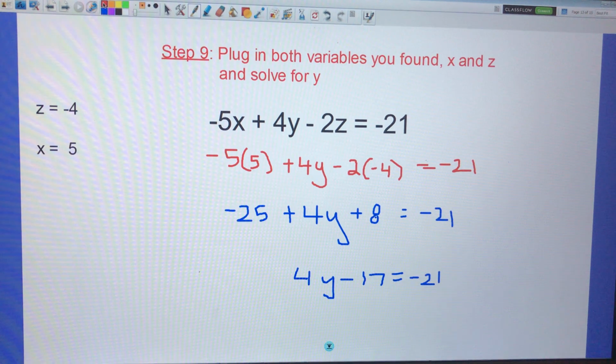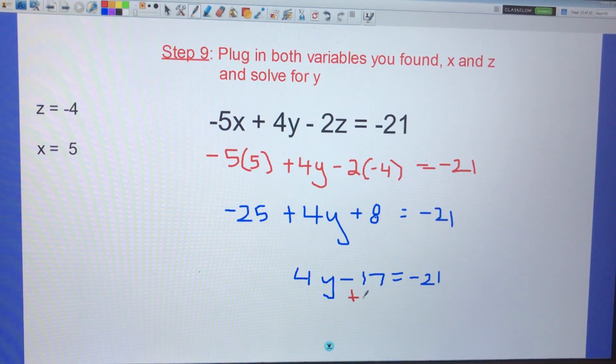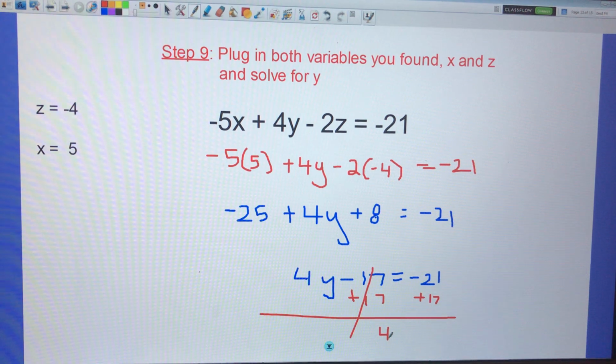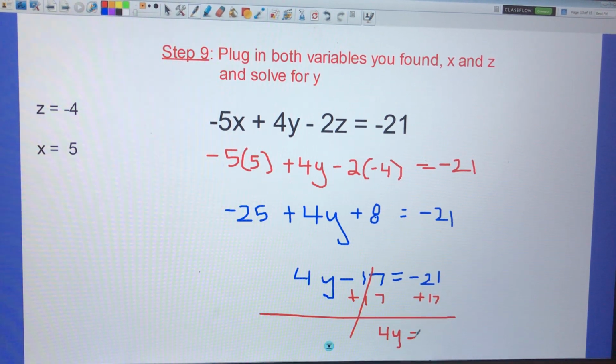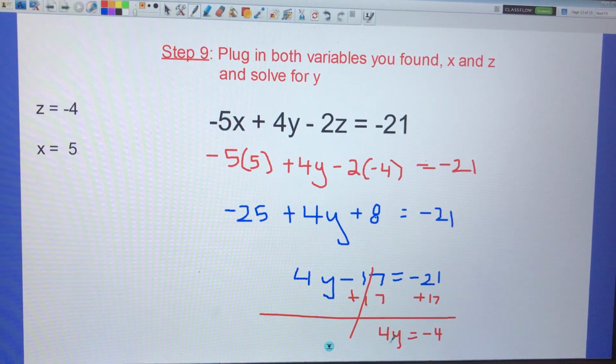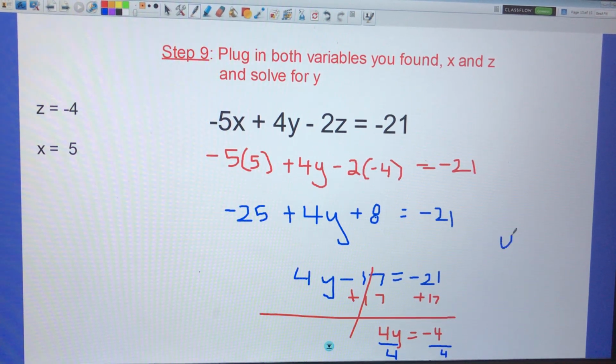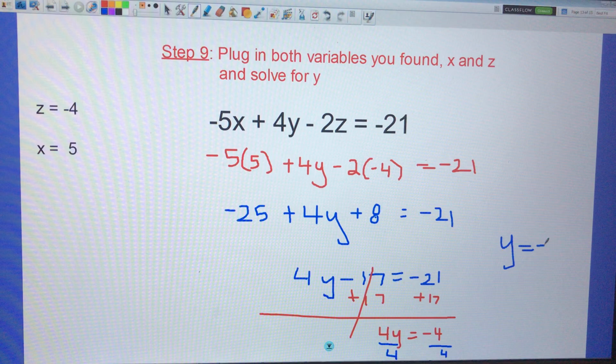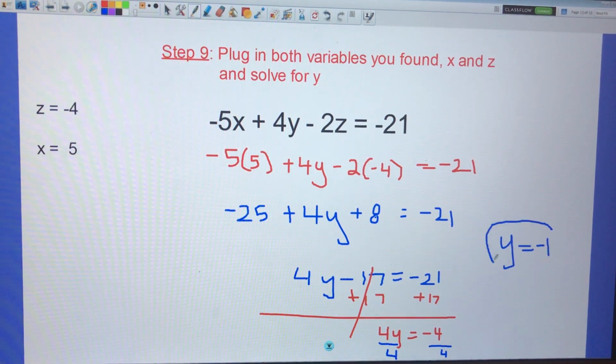I have to add 17 on both sides. And I get 4y equals negative 4. Last step, divide by 4. y equals negative 1. So I have 3 letters, my x, y, and z.